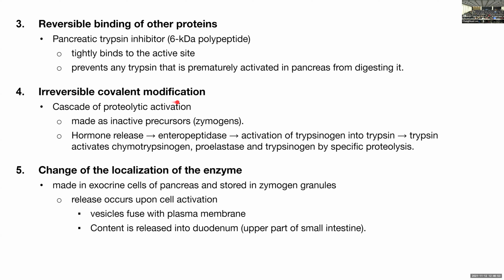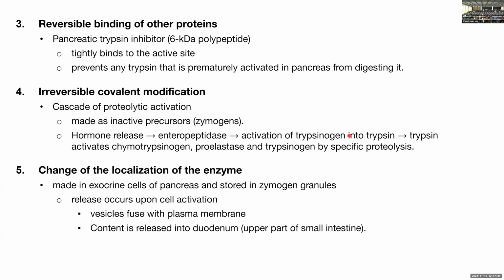Irreversible covalent modification is the cutting down of these zymogens, the precursors of the enzymes, which do not have enzymatic activity yet. That happens a lot through the cascade of proteolytic activations. When hormones are released upon some kind of mechanical force or detection in your stomach, it releases enteropeptidase that will bind to trypsinogen, the zymogen for trypsin, and activate trypsin by proteolytic activity.